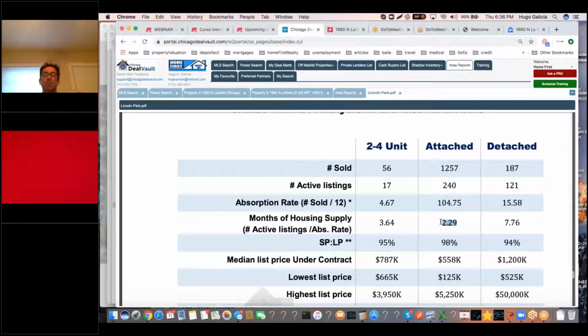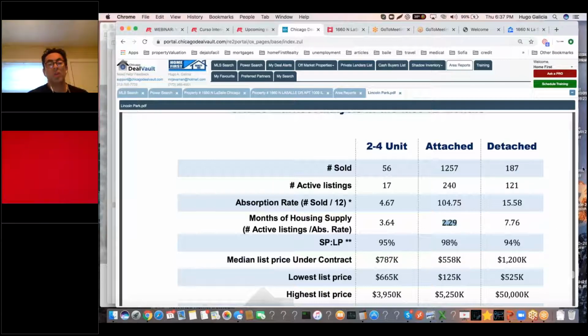This is a great indicator that you must understand. What it means is that assuming there are no new properties coming on the market for sale, it's going to take a little over 2 months before all the properties for sale run out. So that means properties are selling super fast in these neighborhoods. If you're thinking about doing a flip on this property, it just makes perfect sense.